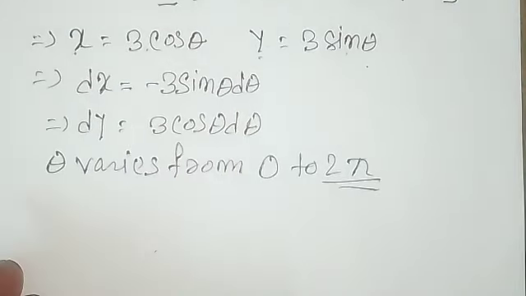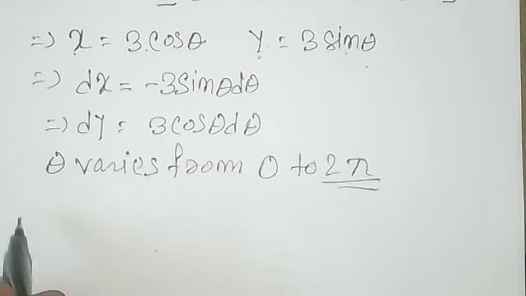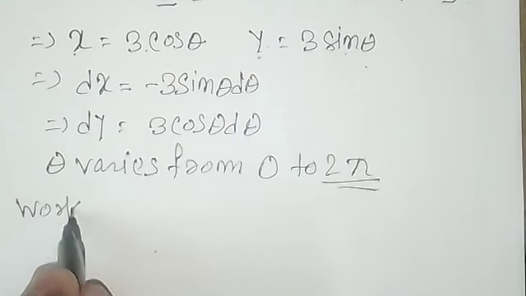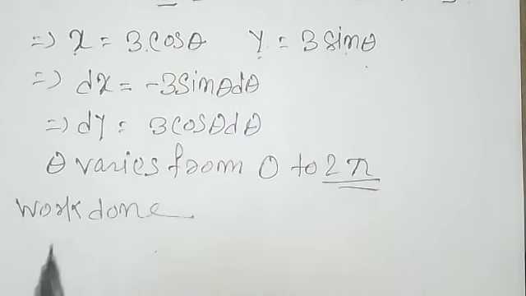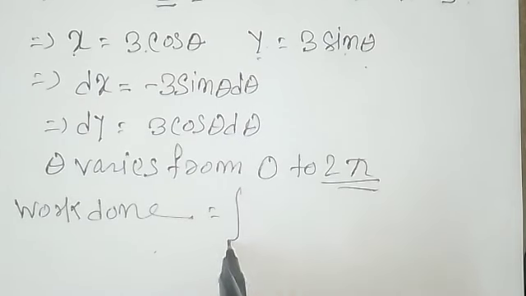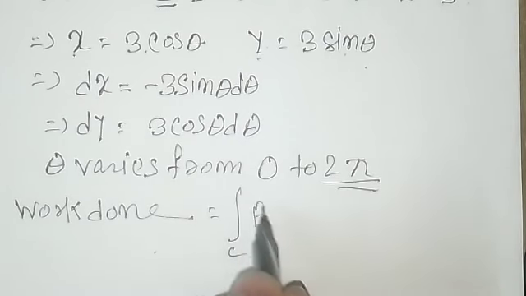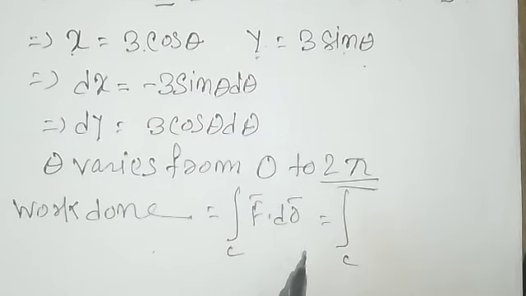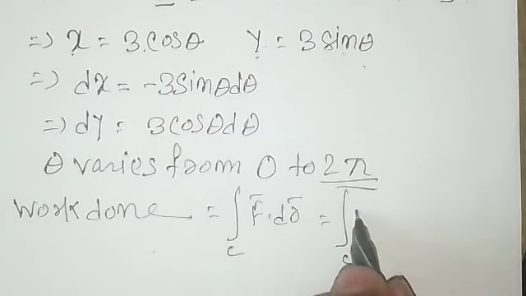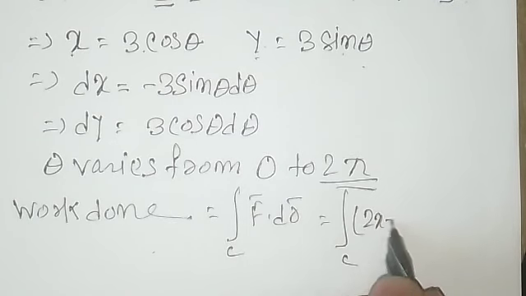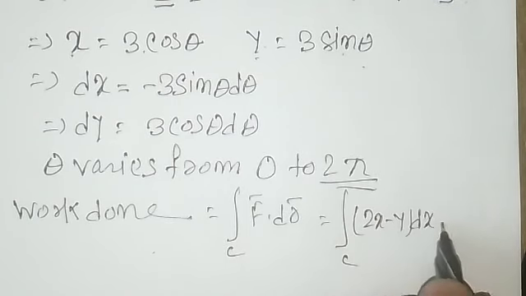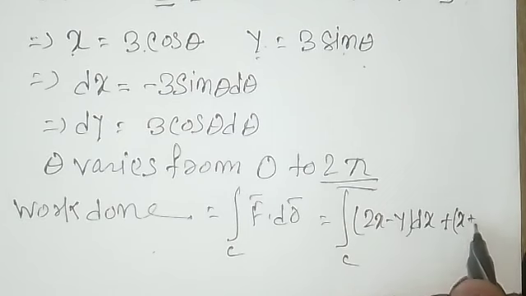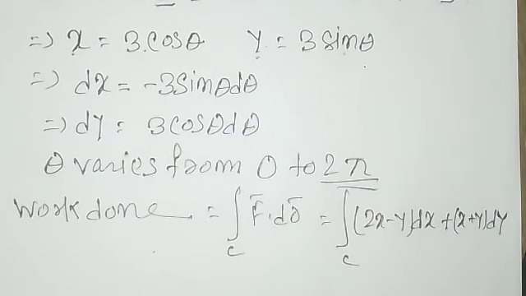So here we go. Work done is equal to the integral over the circle C of vector F into dr, and F dr is 2x minus y into dx plus x plus y into dy, right?